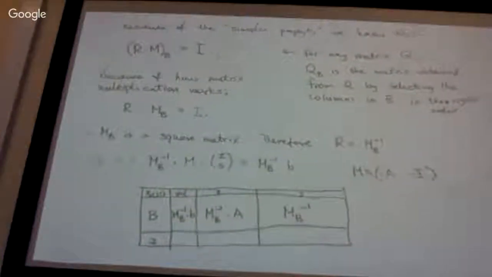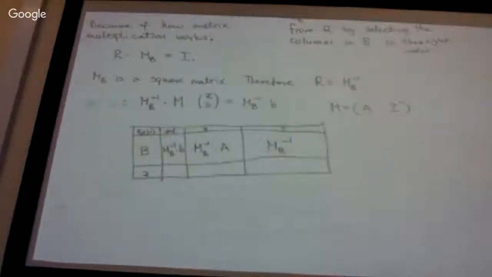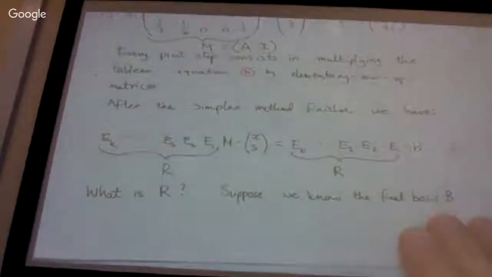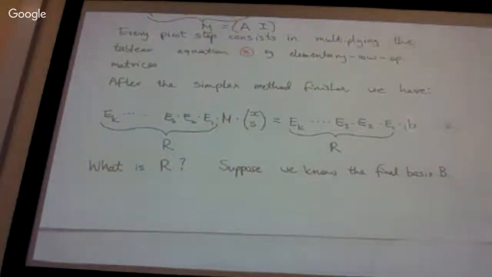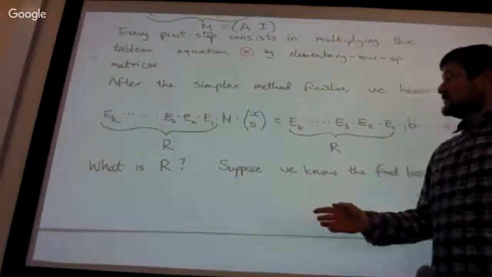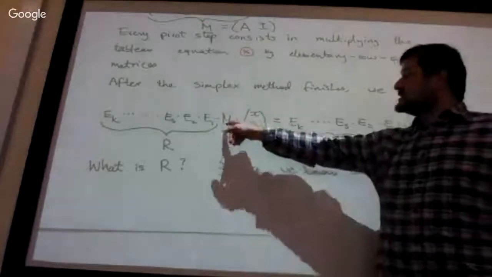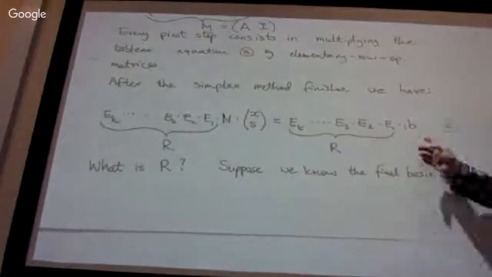How did we get here? Oh, well, the reason we got here was the previous thing. Okay? What we said was, we're starting from the original simplex tableau, that was this M, and the right-hand side's B.